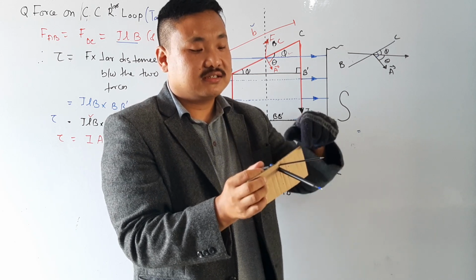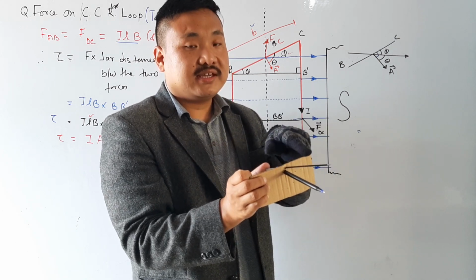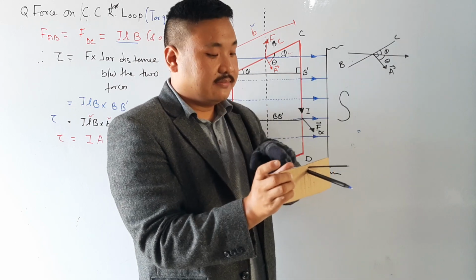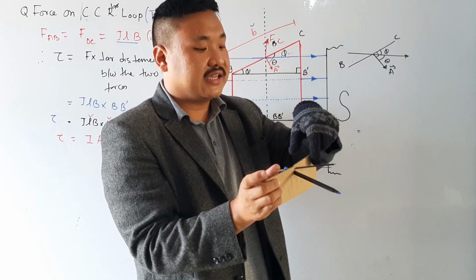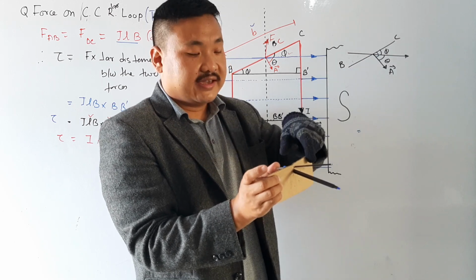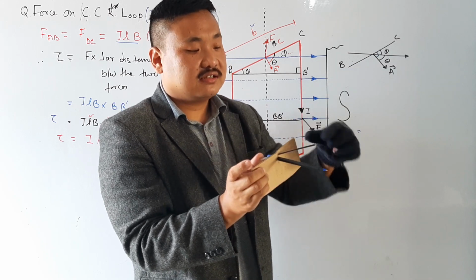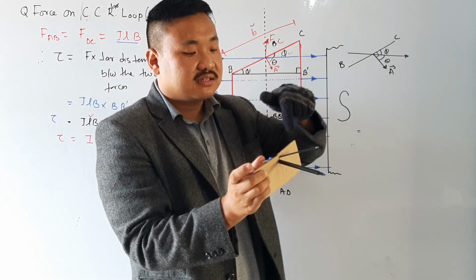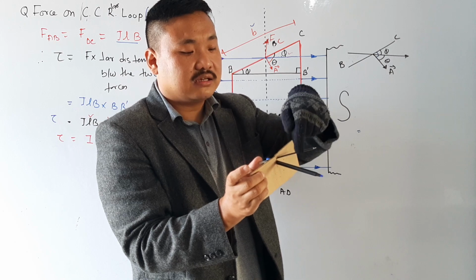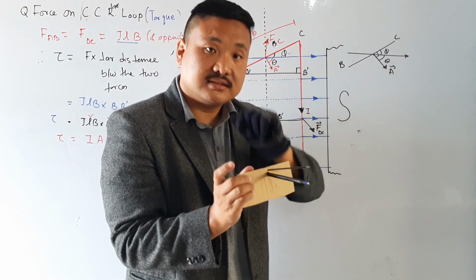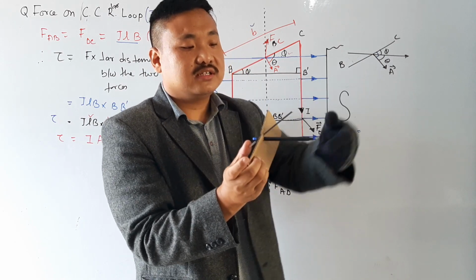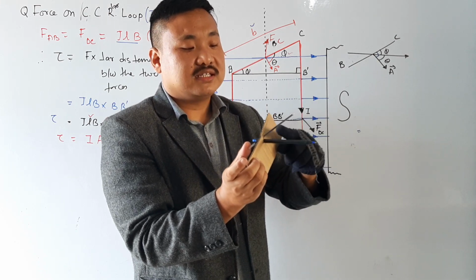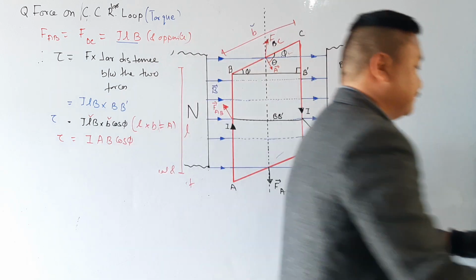The angle between BC and the magnetic field is my phi, and the angle between this area vector and this magnetic field is my theta. It means that this angle plus this angle will give me what? 90 degree, because this area vector is always perpendicular. So phi plus theta is equal to 90 degree.